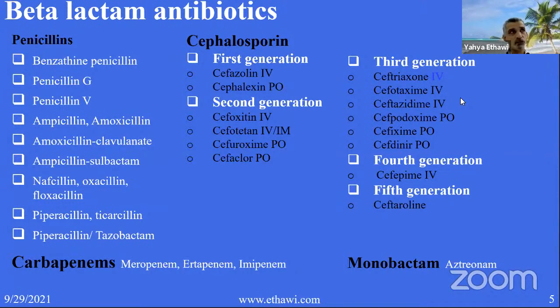So for example, if you did a sepsis workup in a neonate, when you start ampicillin and gentamicin, and if the cultures after 48 hours come back positive for GPS, then it's better to switch to penicillin G, because it has very good coverage. However, both are not broad spectrum, so they are not a good first choice as broad spectrum antibiotics.